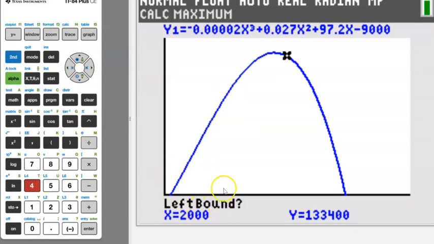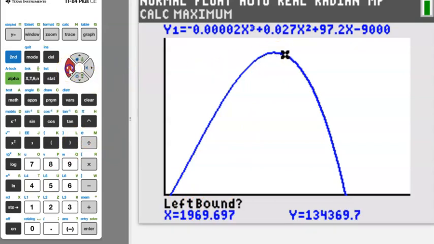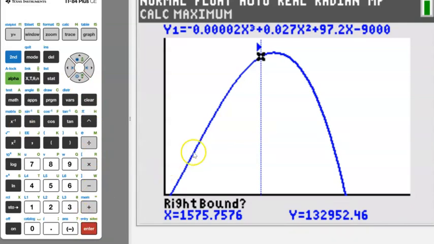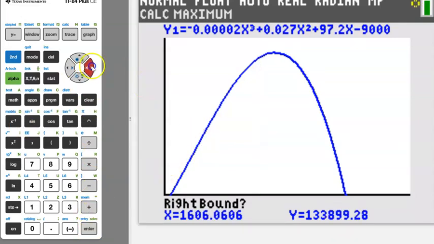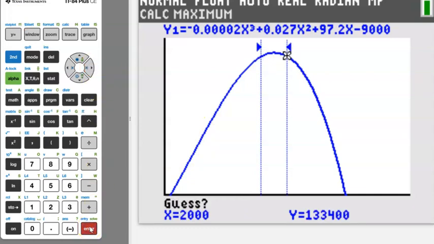Then we want to set the left bound. Since the maximum is somewhere at the top here, we must guide the calculator where the maximum is. So left bound, we set it there, you press enter. Then it is asking for the right bound. The right bound should be slightly past the maximum point, and then you press enter, and then the calculator asks whether you want to make a guess, and you tell it yes, make a guess.